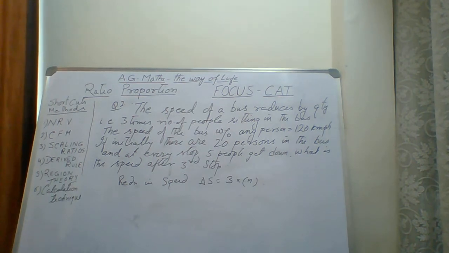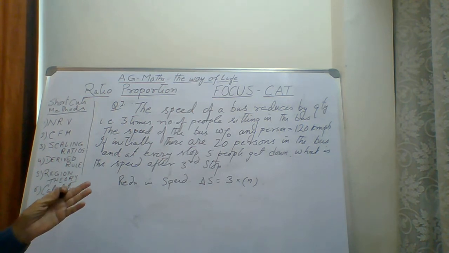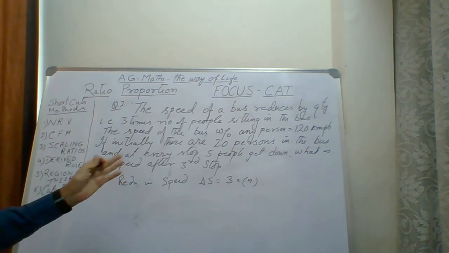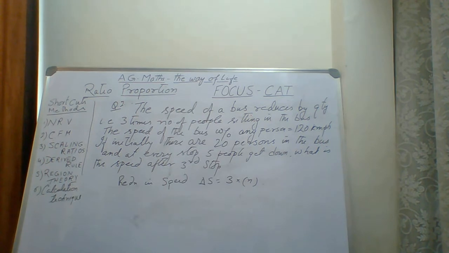Number of people in the bus initially are 20 and become 15 after the first stop, then 10 after the second stop and 5 after the third stop. Initially 20, after the first stop 5 get down, so it becomes 15, and then after the second stop 5 more get down, then before the third stop there were 10, and after the third stop it will further come down.